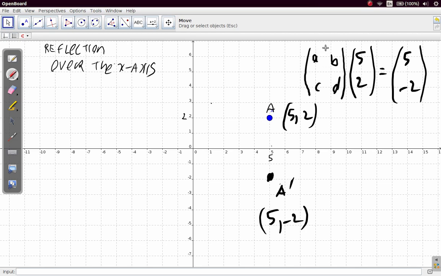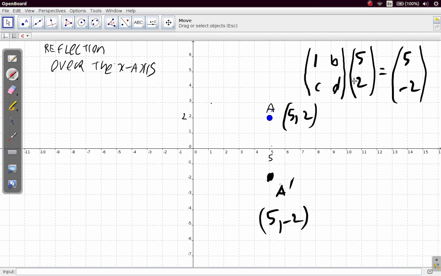We know that A times 5 plus B times 2 will be 5. Once you remember your multiplication properly, A multiplies 5, because you remember it's row by column. This row will multiply the column to get row 1, column 1. There's only one column in the answer. Now, A times 5 gives you 5. What it's suggesting here is that A would be 1. So A is 1.